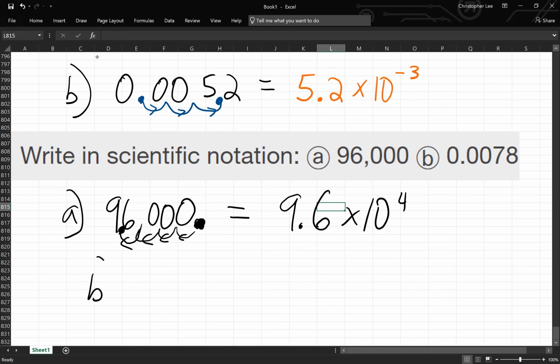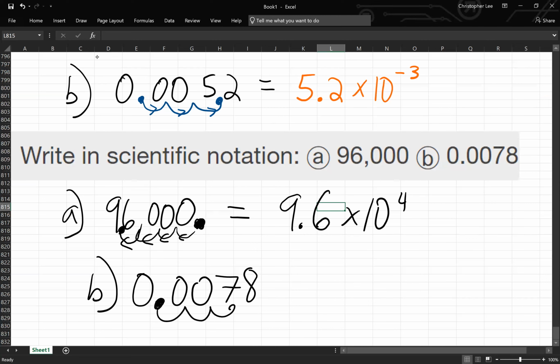Very good. How about B? A little bit harder. I got 0.0078. We'll move that decimal place over 1, 2, 3, which gives 7.8 times 10 to the negative 3. Excellent. Questions on that? We good?